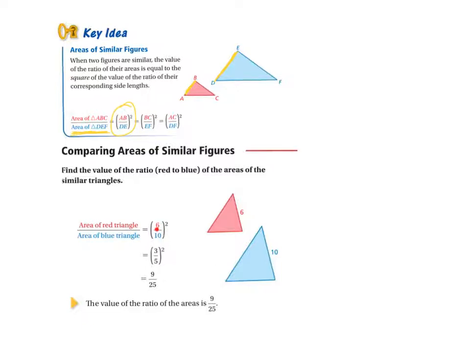Well, first they simplified 6 over 10 and made it 3/5 to make the squaring easier, so that was definitely smart. So they divided both these by 2 to simplify to 3/5, and then they squared it. 3 squared is 9, 5 squared is 25. Therefore, the value of the ratio of the areas is 9 over 25 in simplest form. So just like fractions, they're going to want these in simplest form.